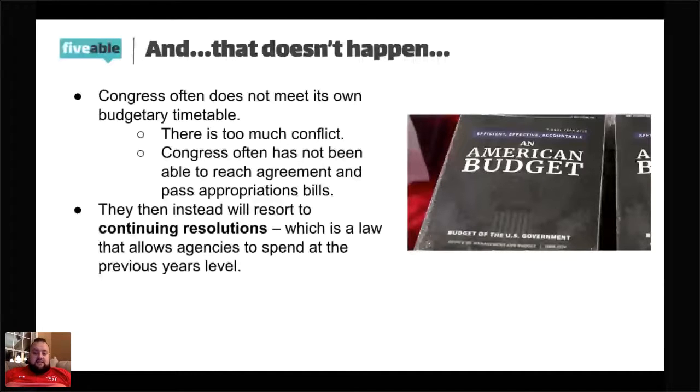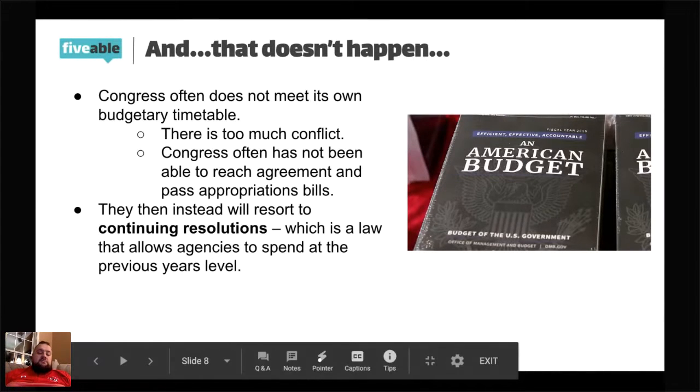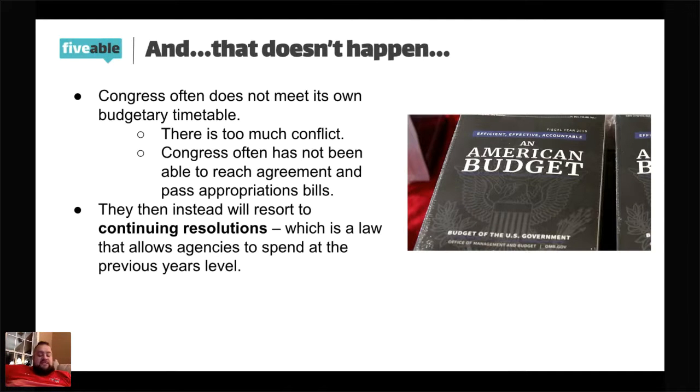And when the president is of one party and Congress is of another party, it's even worse, especially when it comes to money, because congressmen are constantly searching for money specific to their district. Why do you think Congress is so interested in ensuring that money goes to their district?